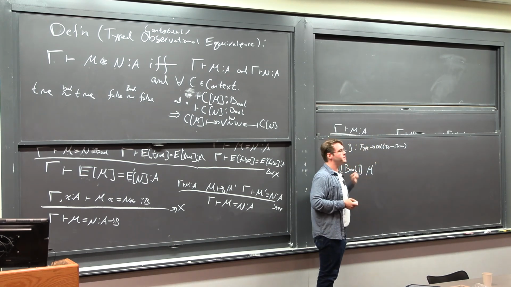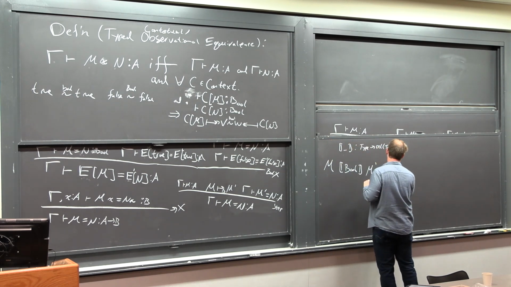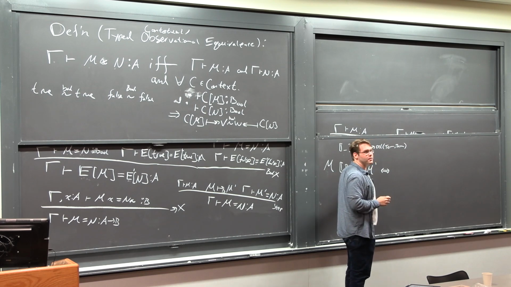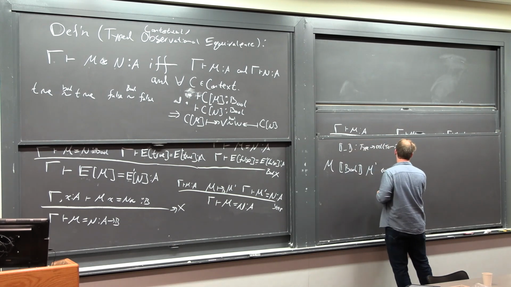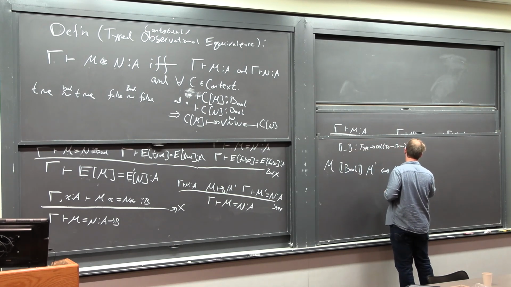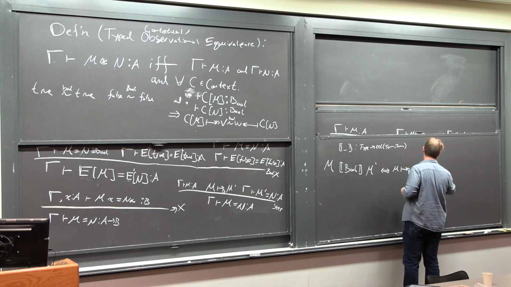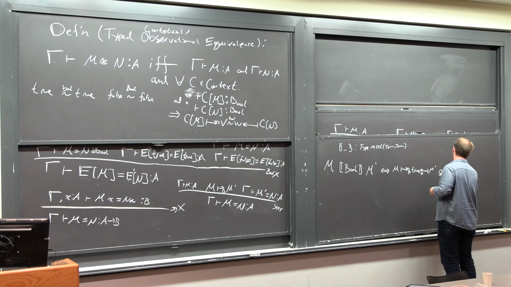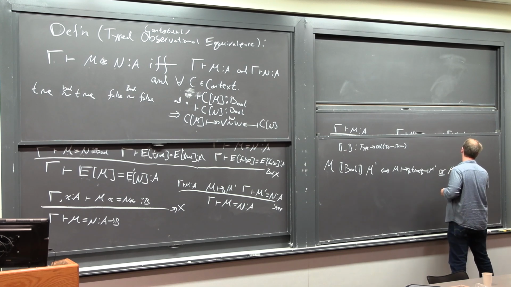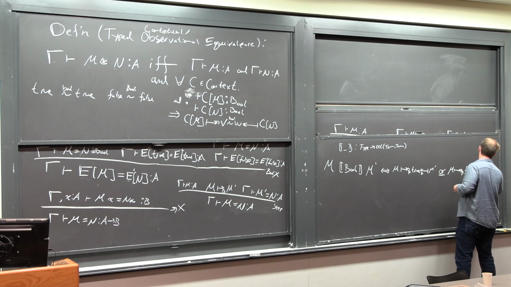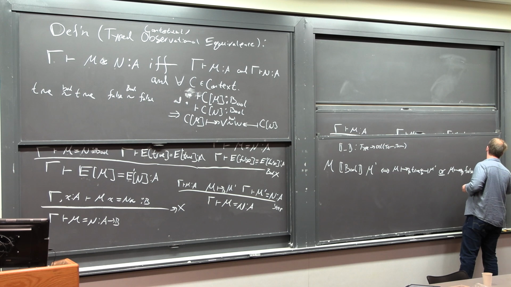This is a relationship when, so how is this defined? These two terms are related at type bool when I run them and they both give me true or they both give me false. So this is M runs to true, as does M prime, or M runs to false, as does M prime.